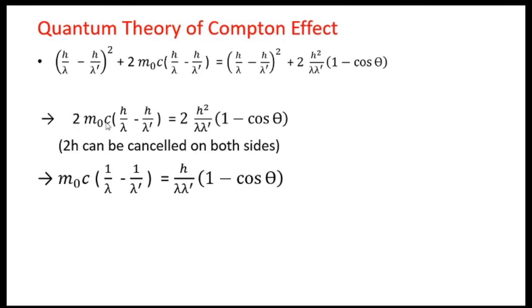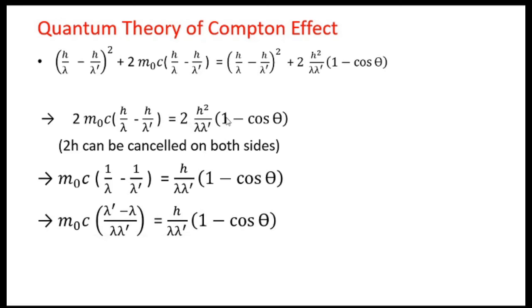Here the 2h gets cancelled with the 2h. Finally, cross multiply and solve this term.